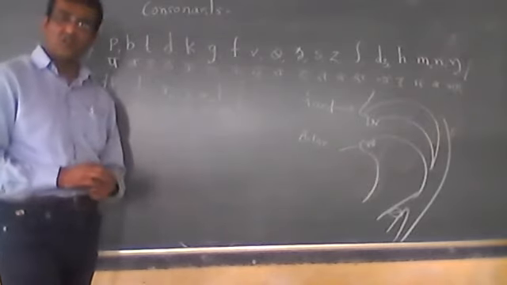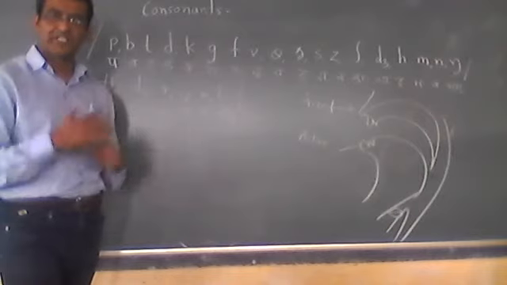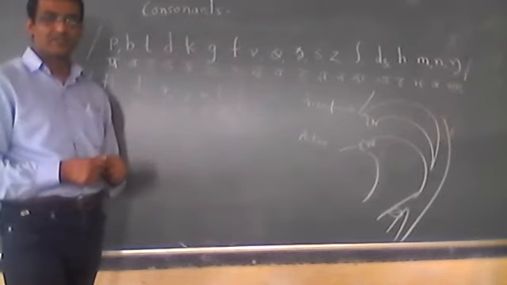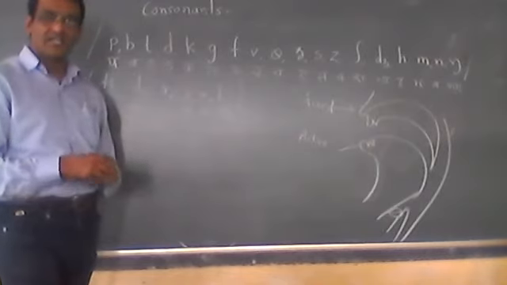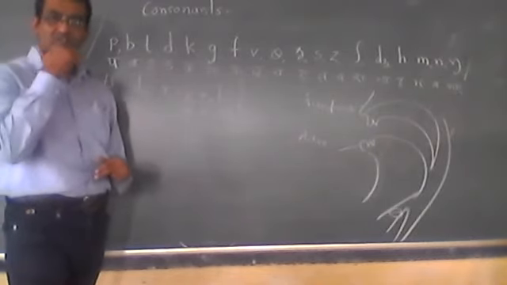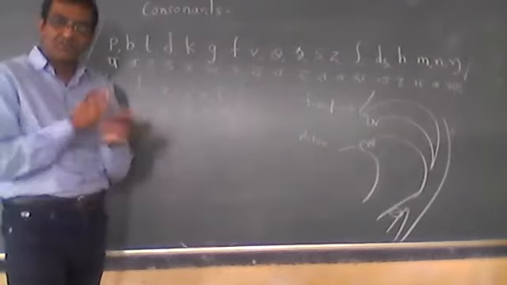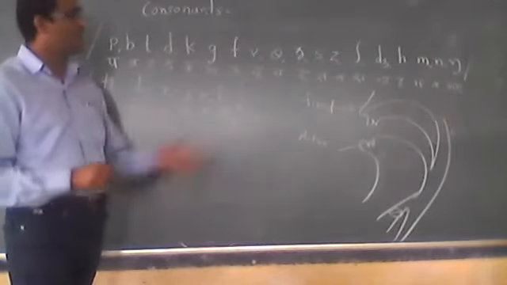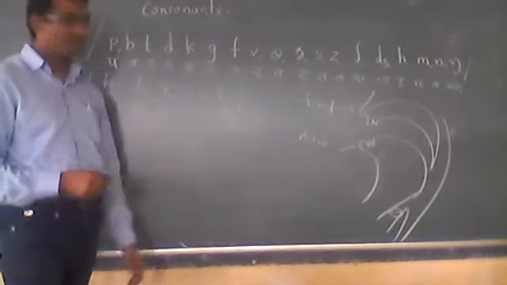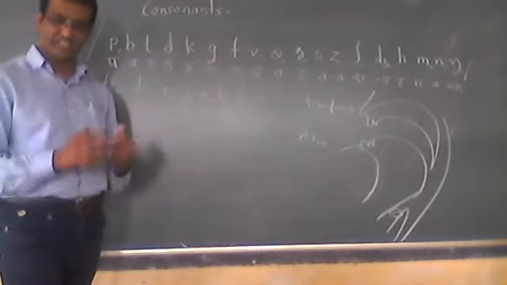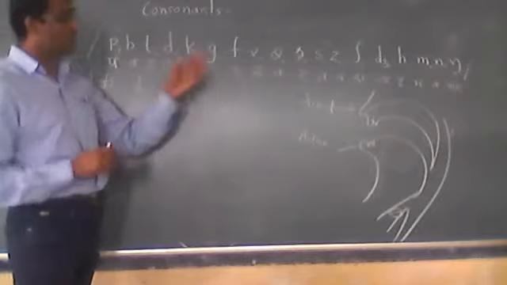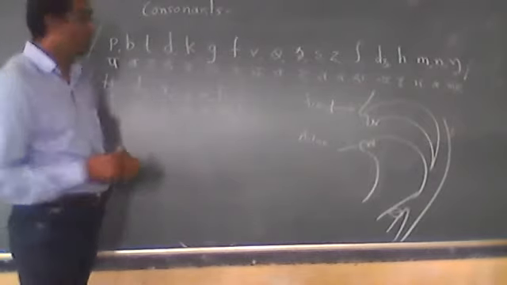Then there is a friction type, where the air comes out through the air passage with friction, and that is how we get these particular sounds. Since we have some friction, these are called fricatives.